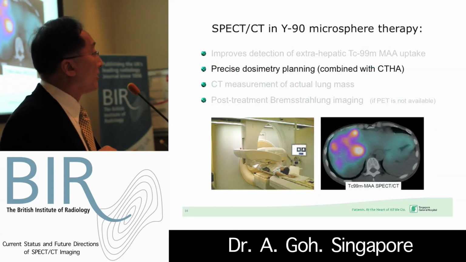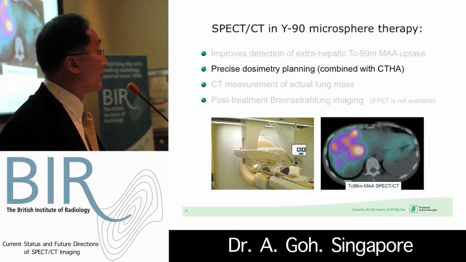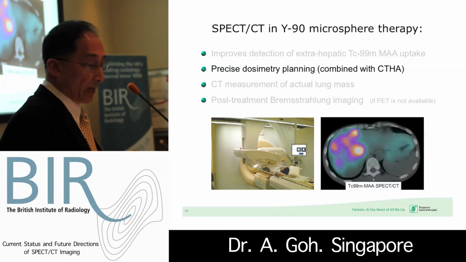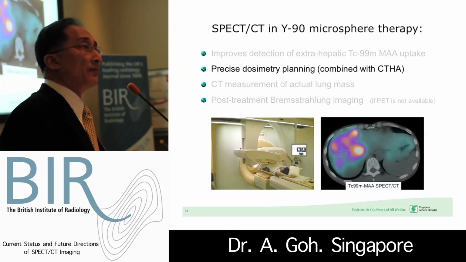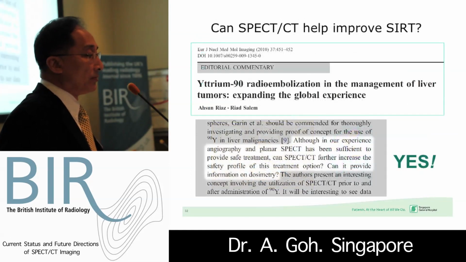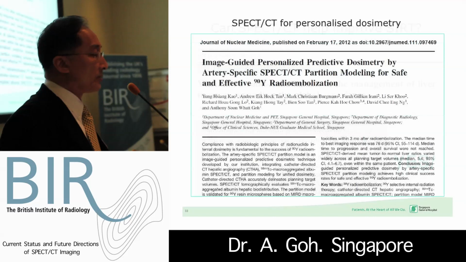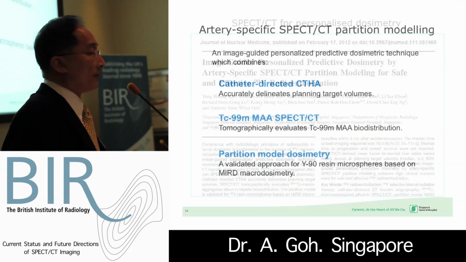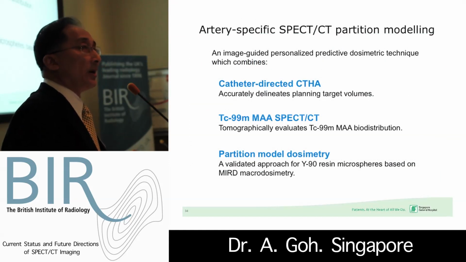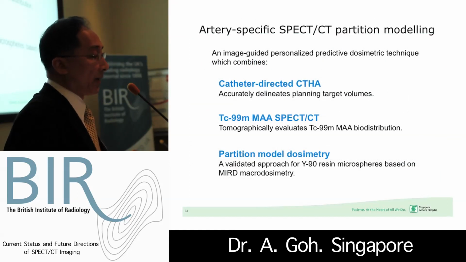Now SPECT inherently has quantitative data, and actually we can potentially extract more useful information than just qualitative information of extrahepatic localization. And to do this, in the interest of time, we have actually published our results, but we combine additional information provided by catheter-directed intra-arterial CT hepatic angiography.